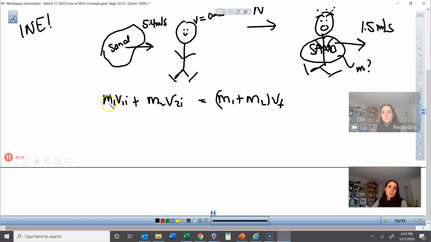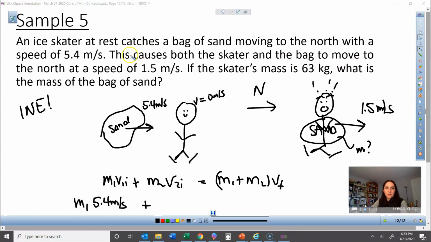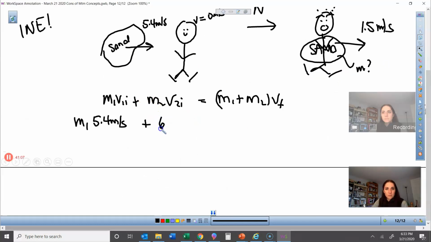But we don't know the mass of the bag of sand, so m1 times its velocity, 5.4 meters per second, plus the mass of the person, 63, times its initial velocity, nicely 0, is equal to m1 plus m2, which is 63. So we still don't know that, so that's fun.